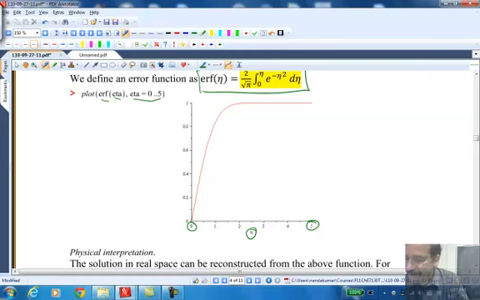As I said, error function of 0 is 0, error function of infinity is 1. So it approaches 1 asymptotically. It will never be exactly equal to 1, but as eta goes to infinity, you'll get more and more digits falling in line close to 1. So it will actually be 0.999999999, etc., as long as eta is a finite number.